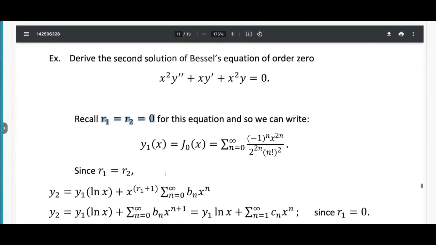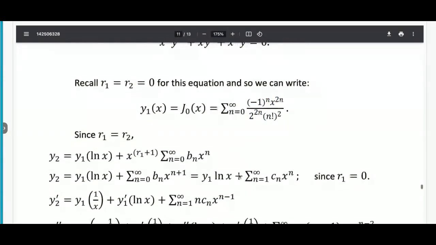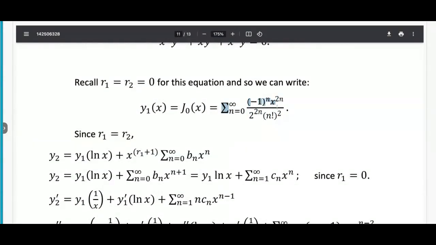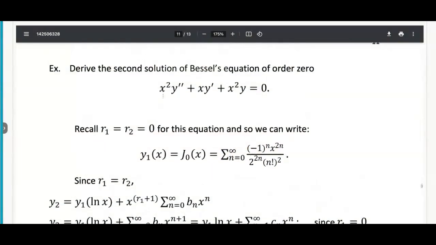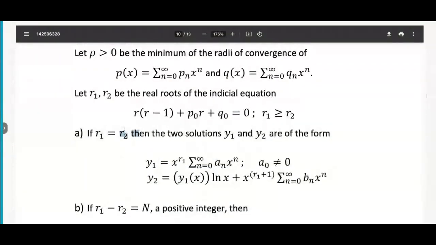So we can write y1 in this form, from the calculation before. And from the indicial equation, we already did this, r1 equals r2. Since those two solutions are the same, we just follow this.